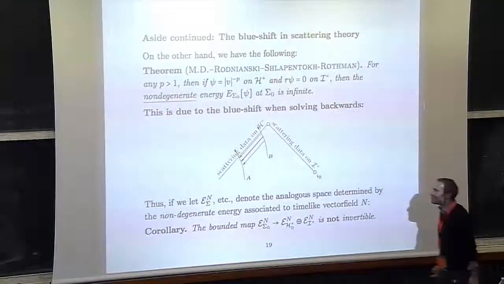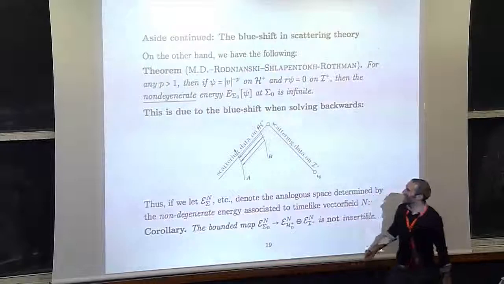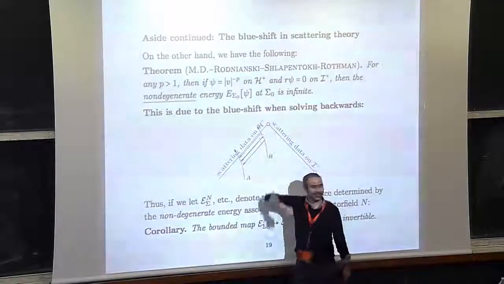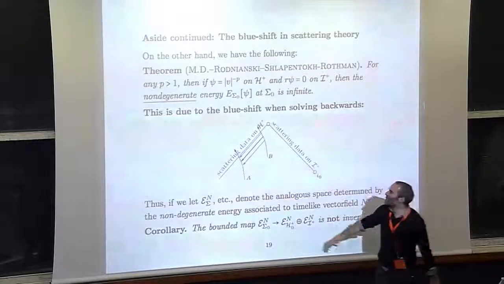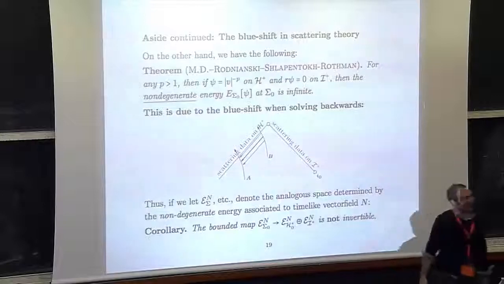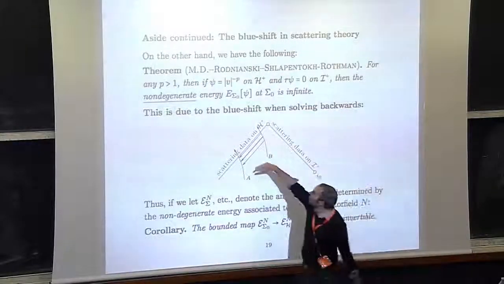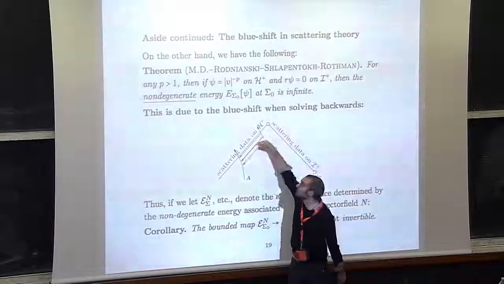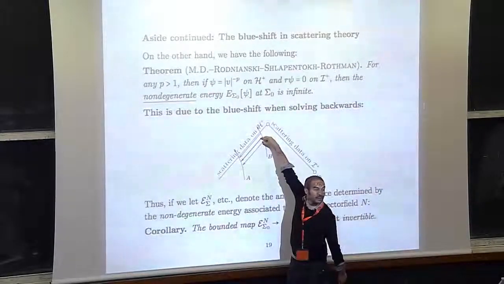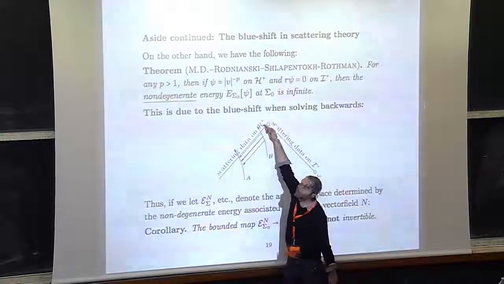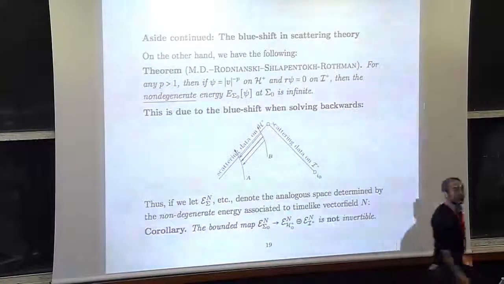You should see the Blueshift effect, because, again, if you imagine here two observers, A and B, where B sends backwards a signal to A, then if you know your Schwarzschild geometry, this length is much, much less than this length. So this signal is Blueshifted, and the Blueshift becomes infinite as you send B further and further ahead.